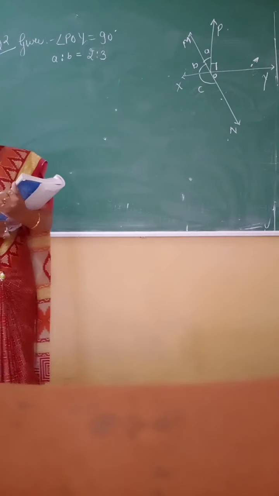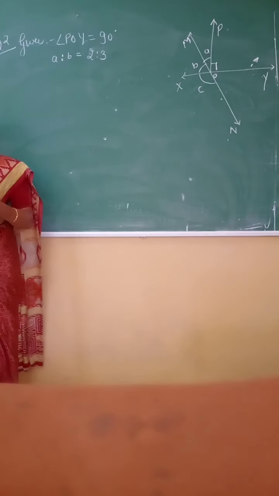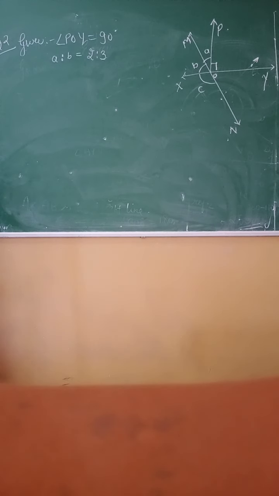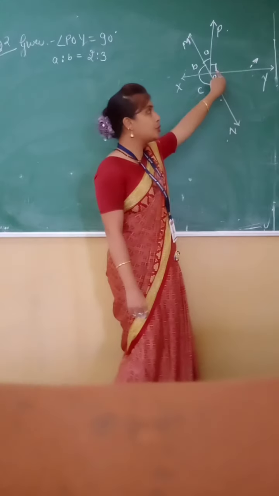Okay, two things are given to us. First thing, the measurement of this angle PO5 is equal to 90 degrees.